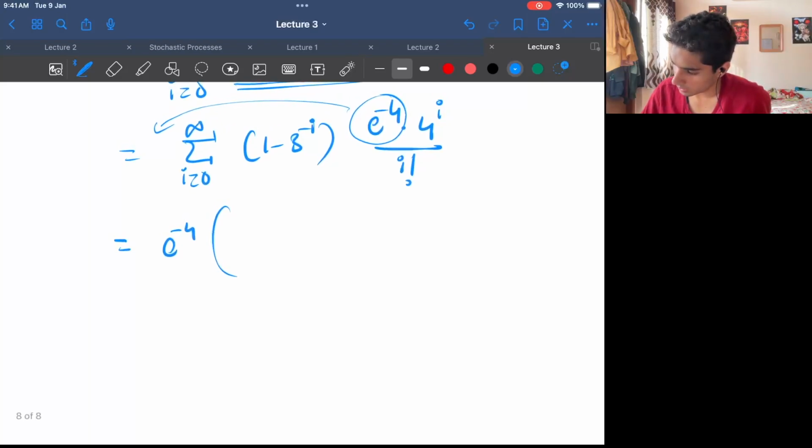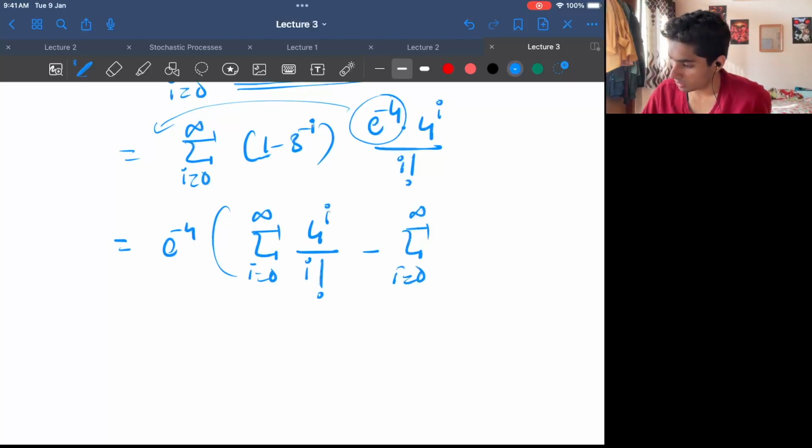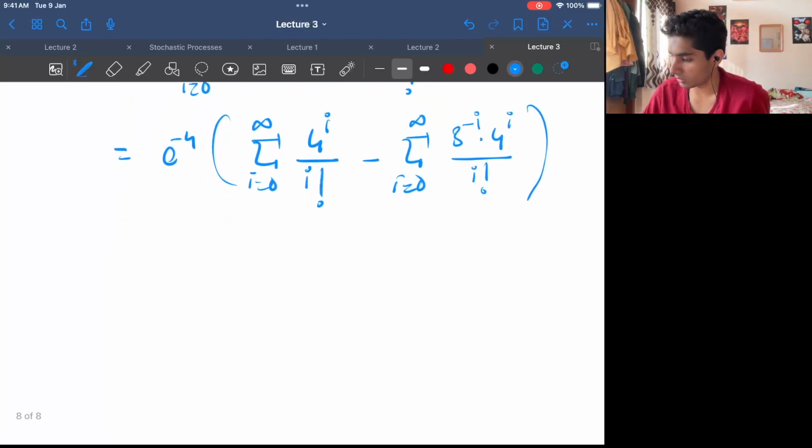And I can take this summation and write it as summation i equal to 0 to infinity 4 raised to i by i factorial, because it is just one here, minus summation i equal to 0 to infinity 3 raised to minus i into 4 raised to i by i factorial, right? This is what it is.